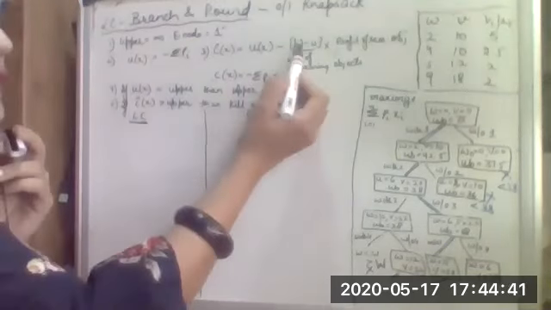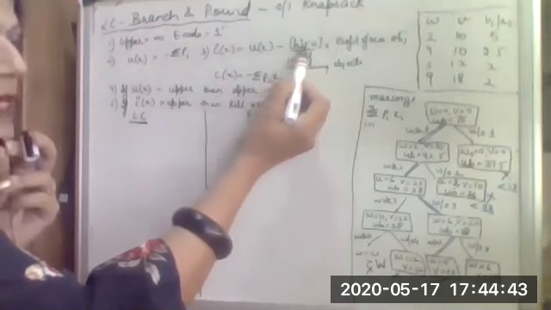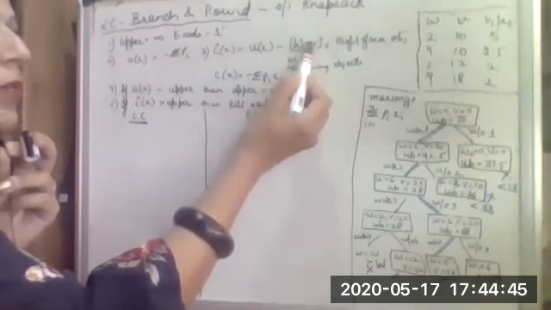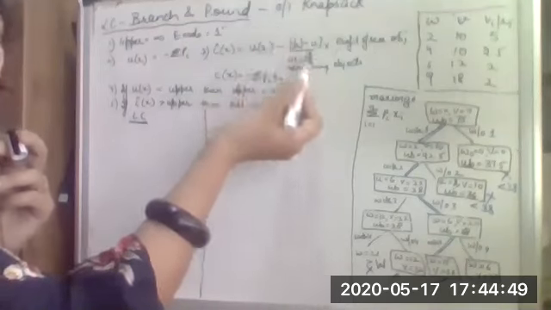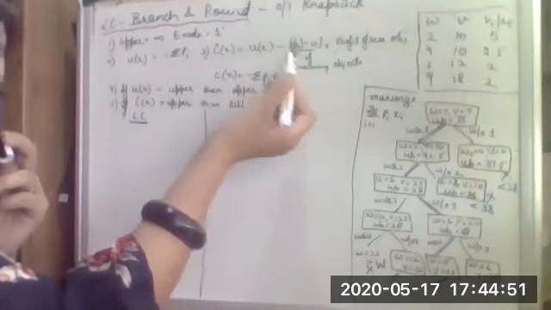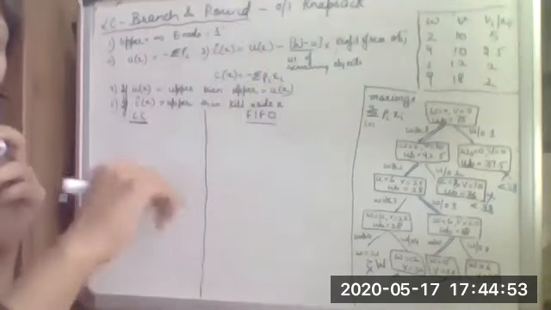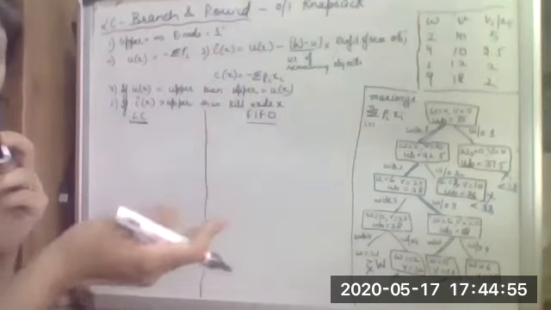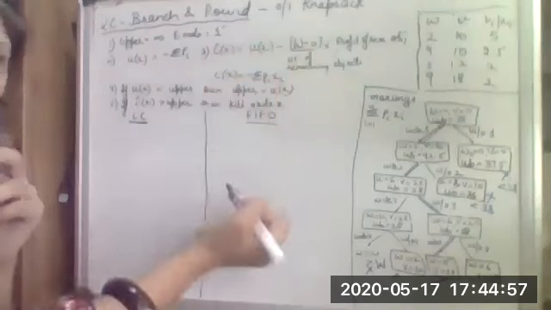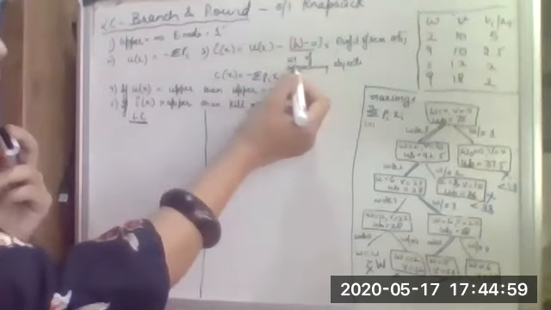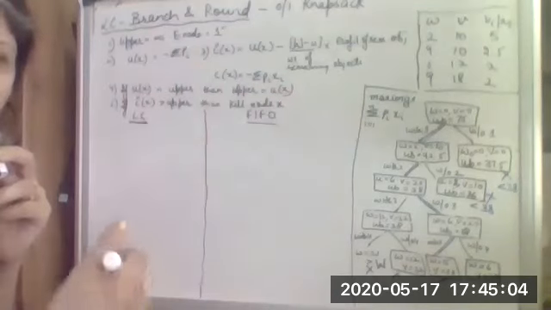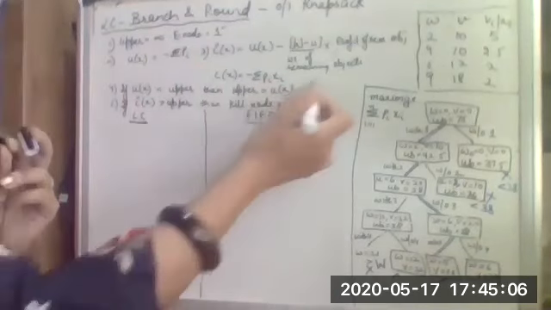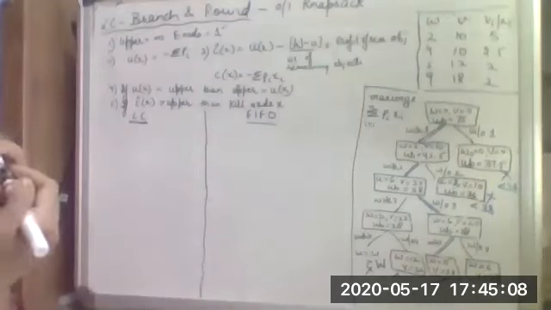Here capital W is the knapsack capacity, and small w indicates the present weight of the knapsack. So if you have included two elements, the weight of those two elements is denoted by the small w, divided by the weight of the remaining objects, meaning the next object which we are going to take, and the profit of the remaining object.